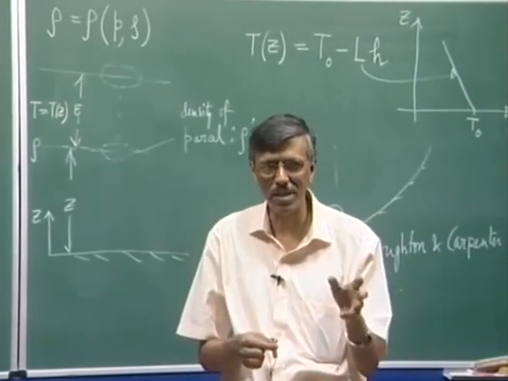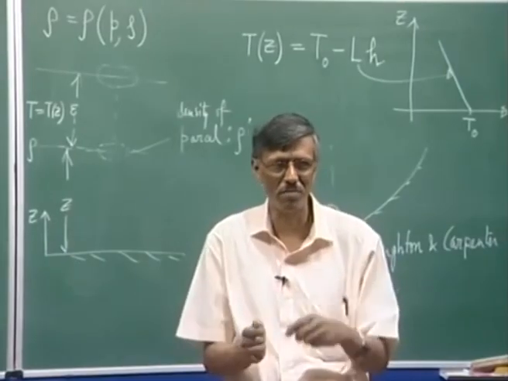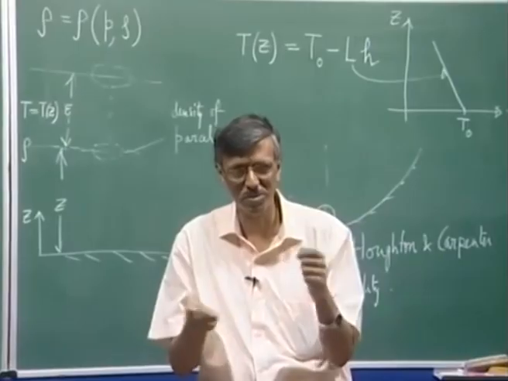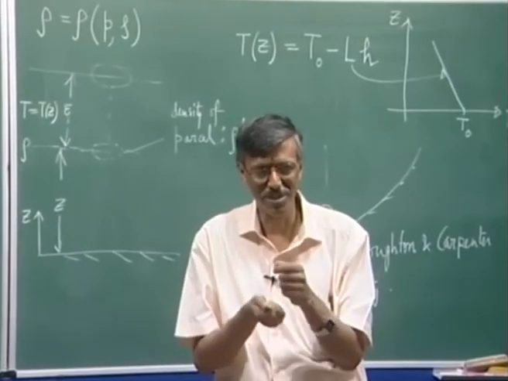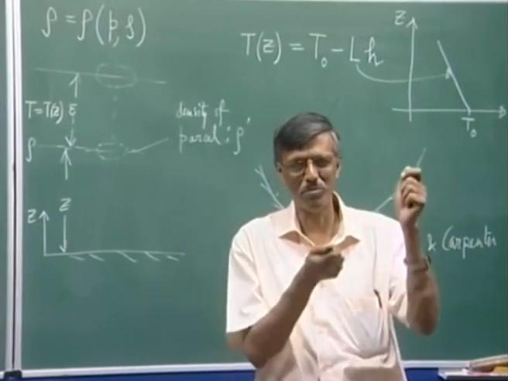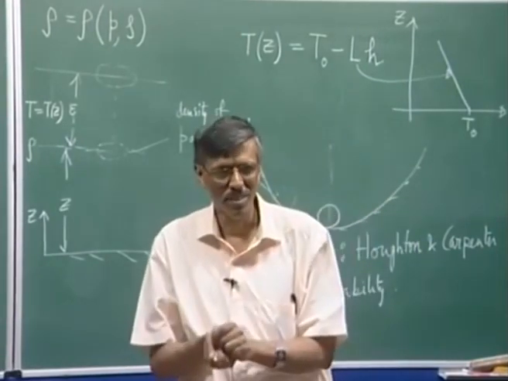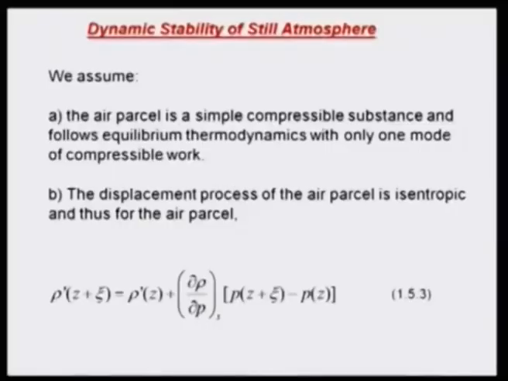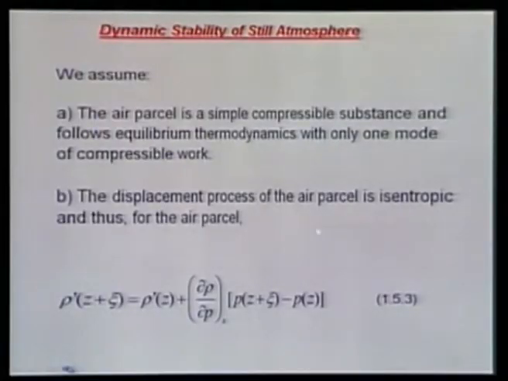There might remain some confusion if I say I do it very fast, that militates against our concept of reversibility. In a reversible process, what do we say? That we do it very slowly, at every step we have an equilibrium, but let us not get into that debate. Let us just simply say that this displacement process of this air parcel is isentropic.